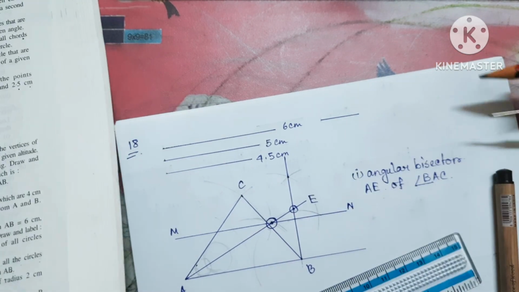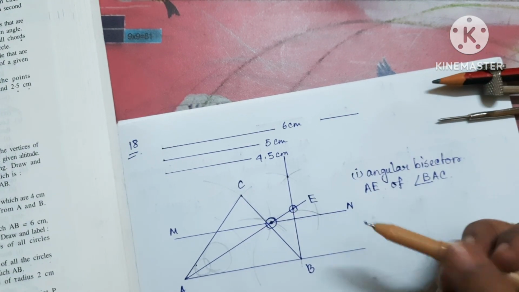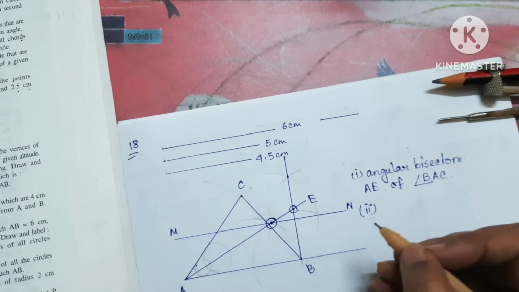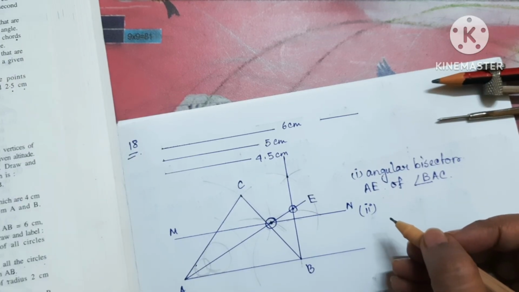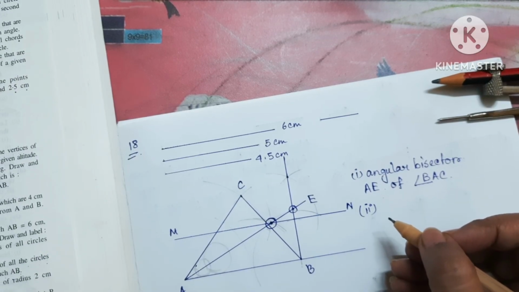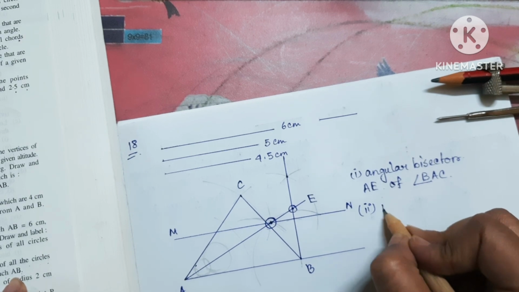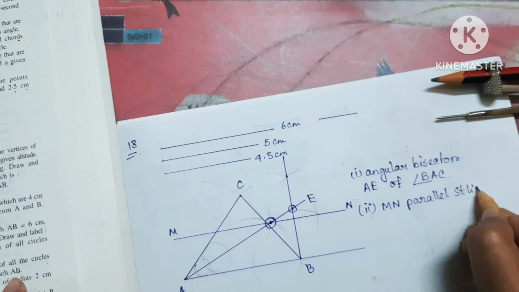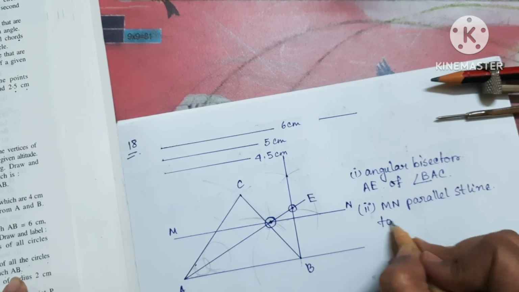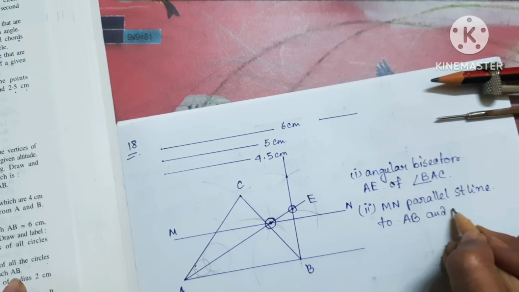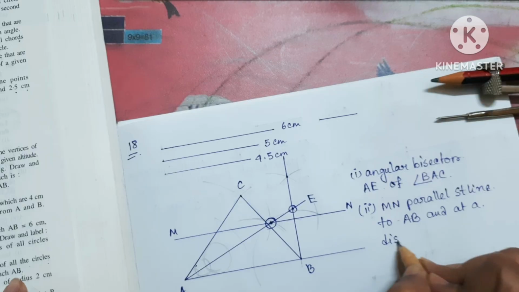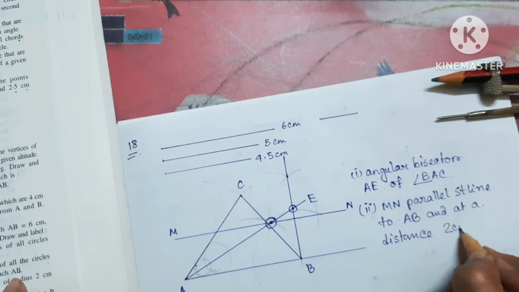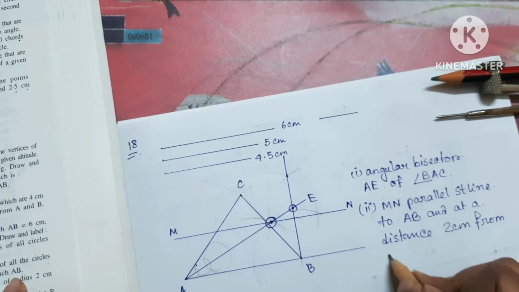Take this one as the center. First write the answer of question number 2. The locus of the centers of all circles of radius 2 cm which touch AB is MN, a parallel straight line to AB and at a distance 2 cm from AB.